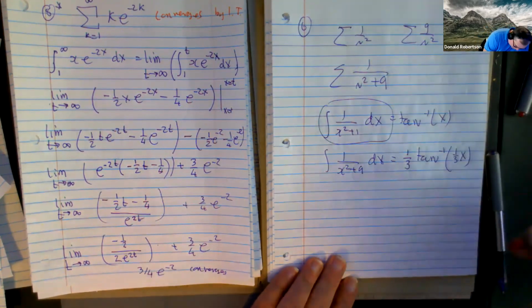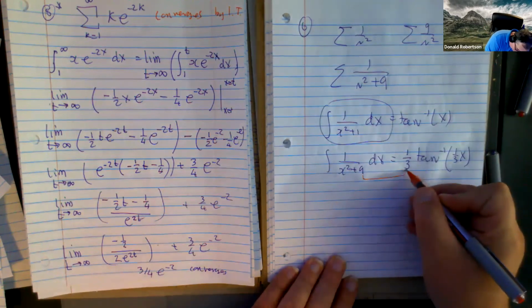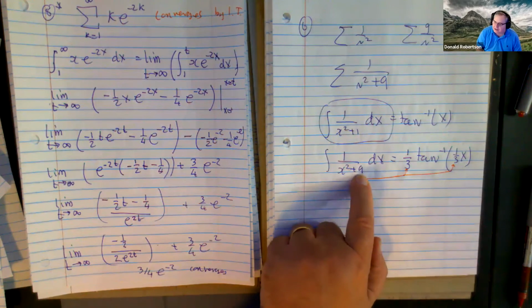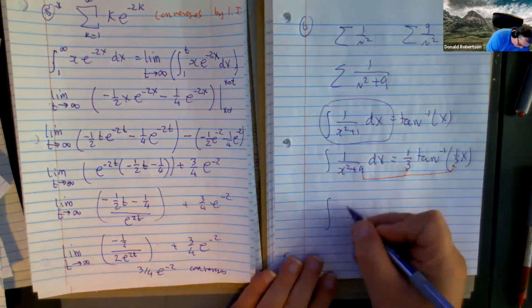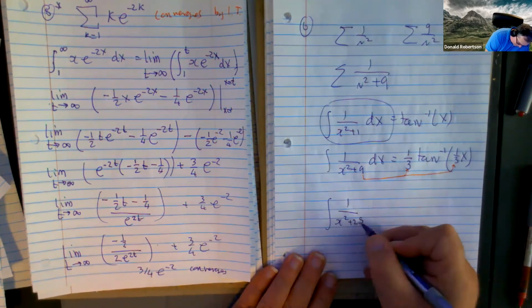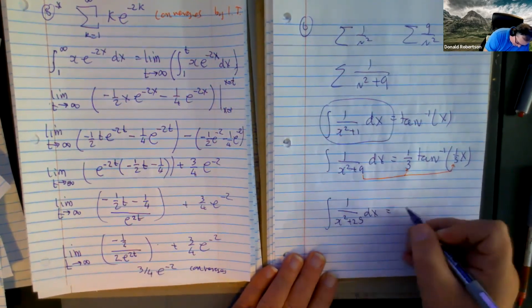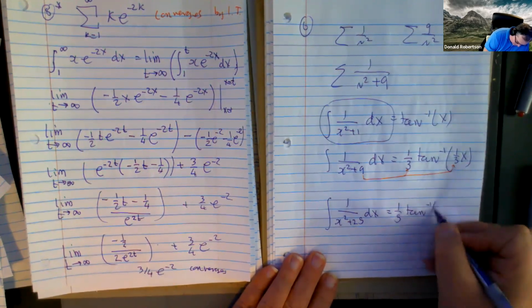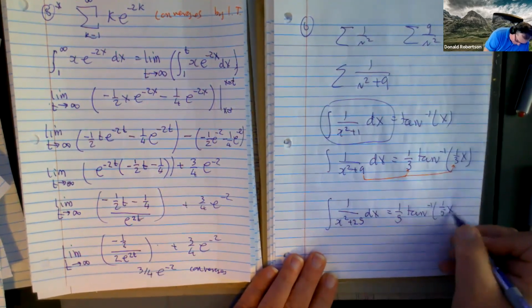And if you're wondering where that 3 comes from, it comes because of that guy. So for instance, 1 over x squared plus 25 would get me 1/5 the inverse tan of 1/5 x.